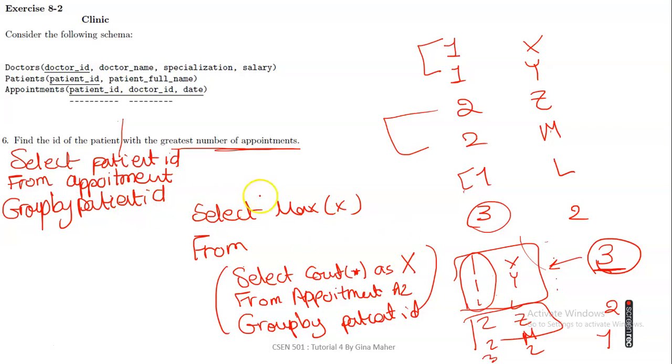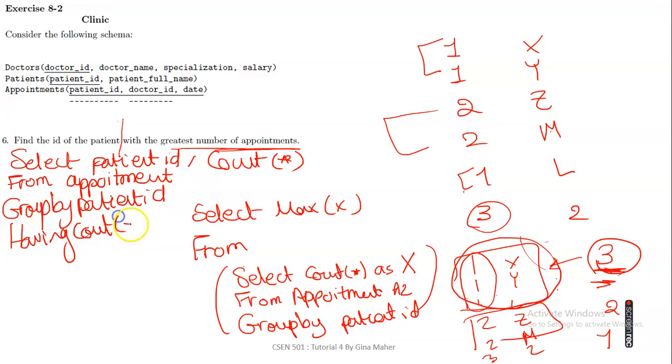Actually, we want to compare the count of this patient with the max. So we need to count here. We want the patient who has a count equal to a specific number, so the group has a specific count. This condition is related to the group, so we are going to use having count equal to this point.